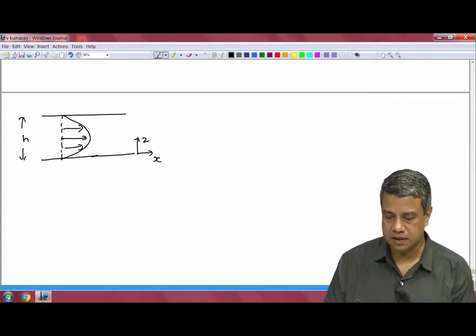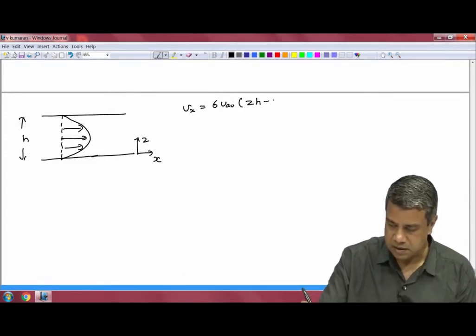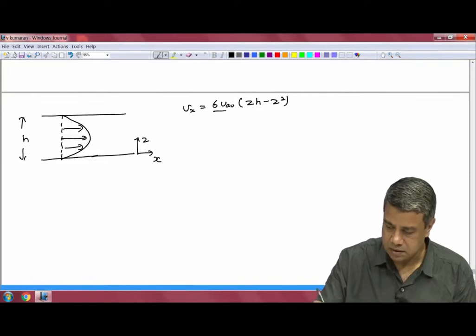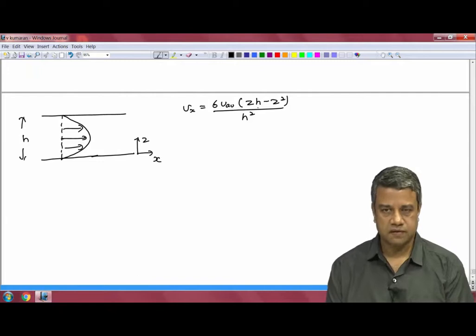It is only in the x direction, it is only a function of z, and Vx is equal to 6 V average into z h minus z square by h square, where V average is the average velocity.